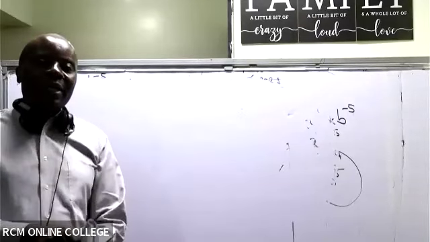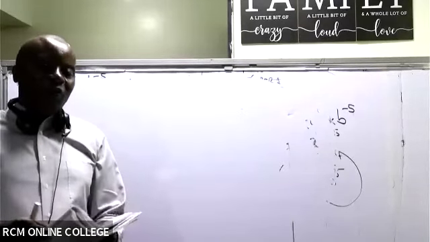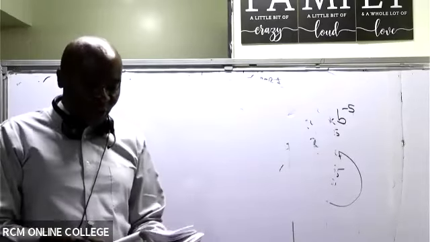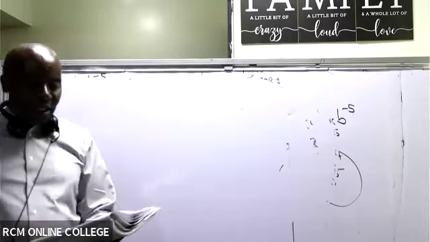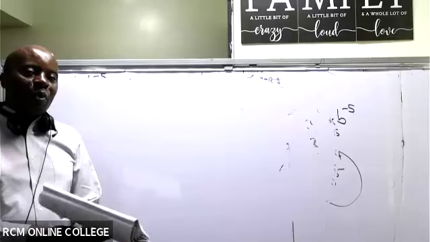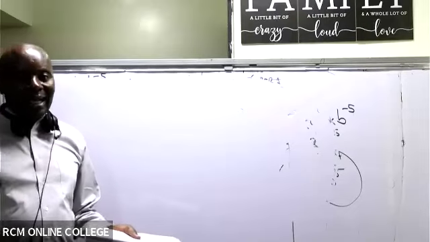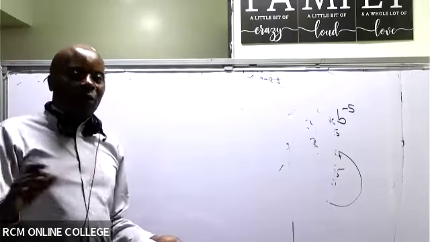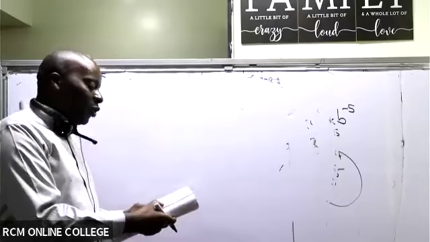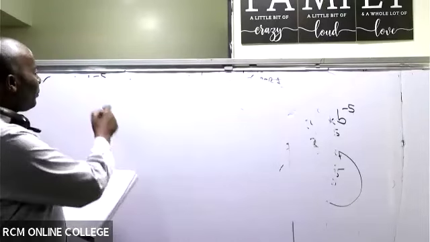Like now, this one will be disadvantageous to the Form 1 students. The question that I'm going to write here will be disadvantageous to Form 1 students, but there is no problem. You should just learn the concept immediately and you'll never forget. So Form 1 students, you are disadvantaged here.